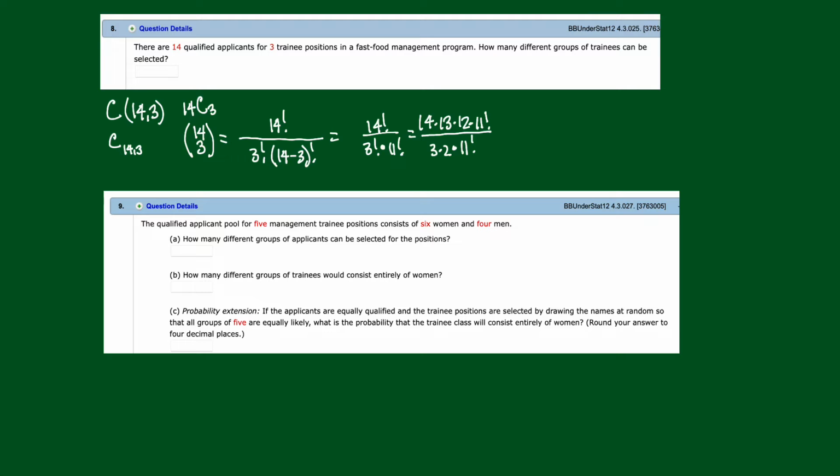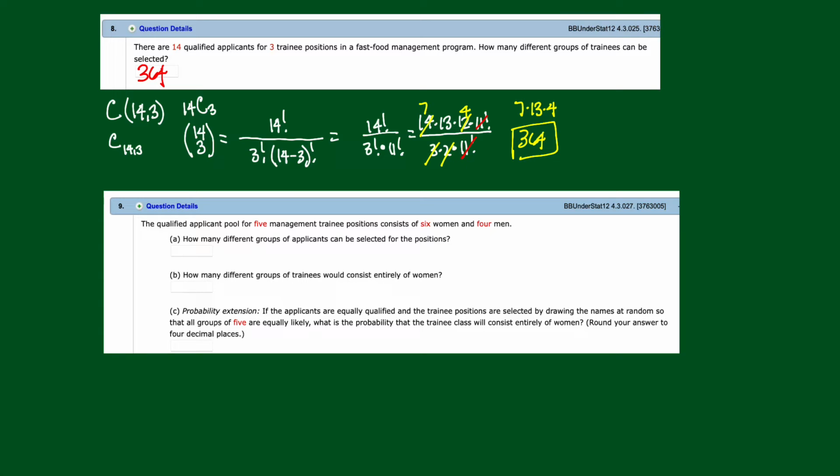Then the 11 factorials cancel, and now I can cancel some other things here too. 2 will go into 14 7 times, 3 will go into 12 4 times, so now I'm left with 7 times 13 times 4. And that gives me 364. All right, so that's what I would put over here in my answer block, 364.